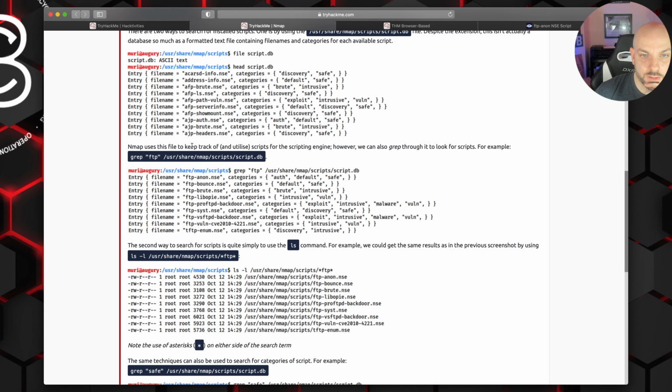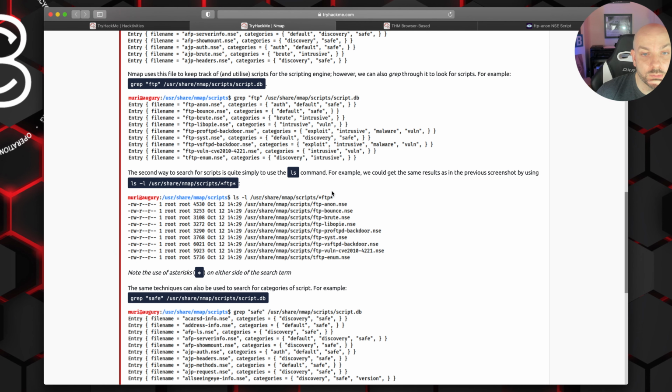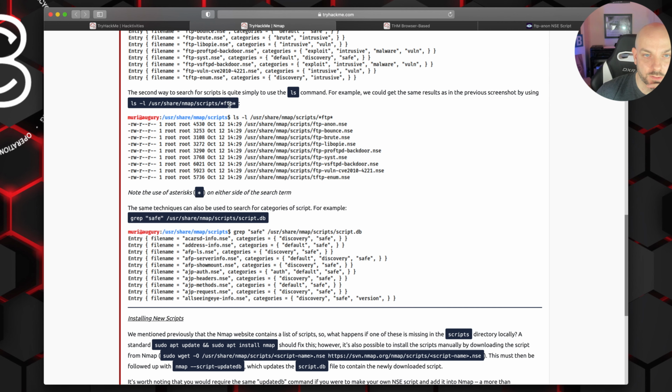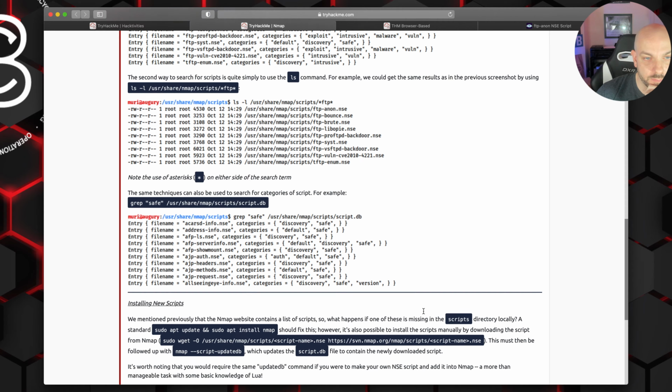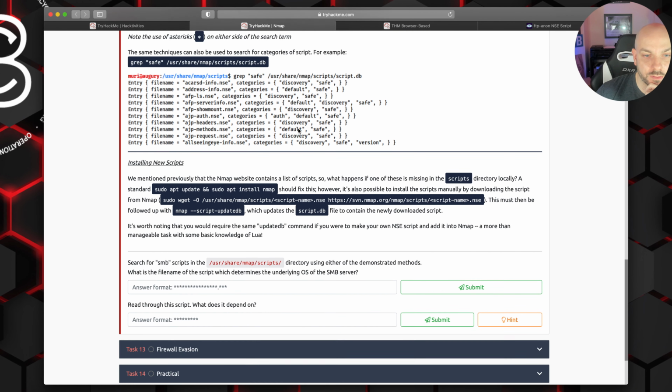NMAP uses a file to keep track of all the scripts there, so you could grep for different things within that. The second way to search the scripts is simply to use the ls command within the directory, and then we could use a wildcard or asterisk with ftp to look for anything that has FTP. Could also do the same thing for categories.